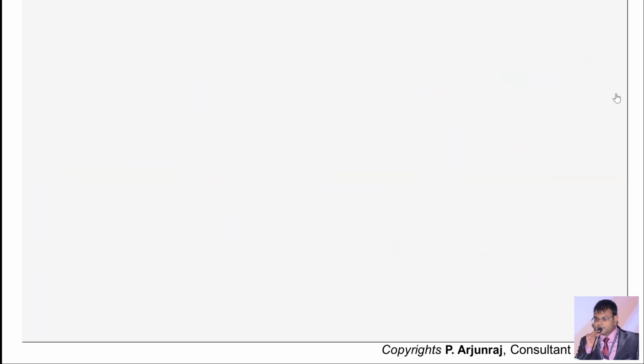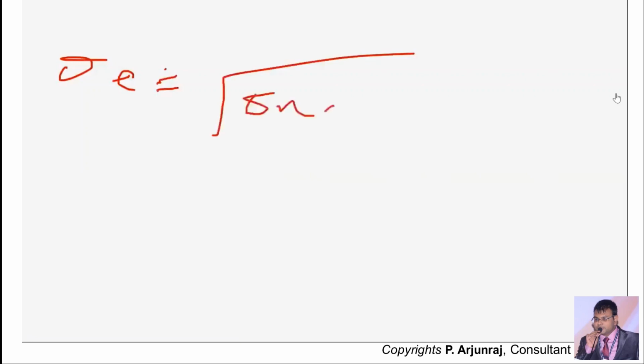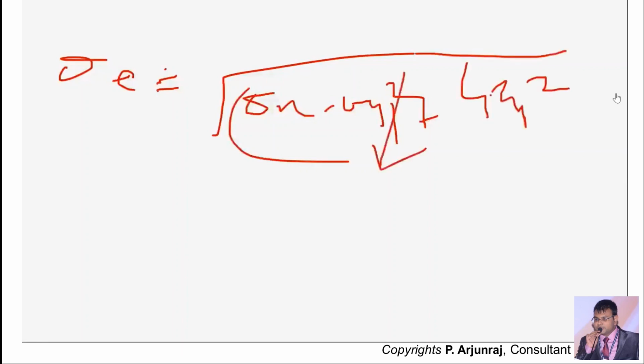The maximum shear stress theory of failure: sigma E is equal to root of sigma x minus sigma y square plus 4 into tau xy square.